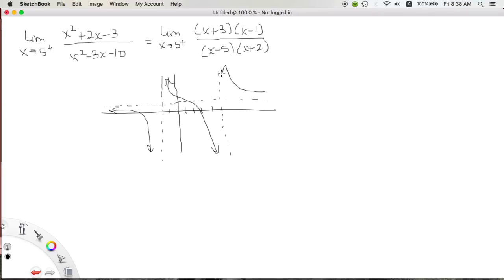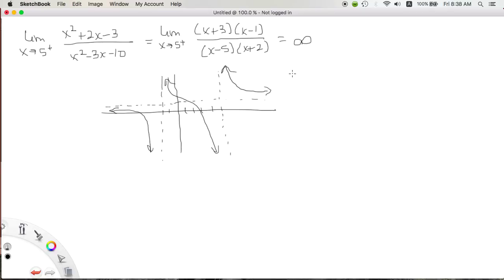So we see that as we go from the right towards 5, we're going towards positive infinity. So when we know we have an asymptote, we need to look at our graph or think about it and figure out if we're going to go to positive or negative infinity. Remember, that means the limit doesn't exist, but we denote it with the infinity sign so that we can see how it doesn't exist.